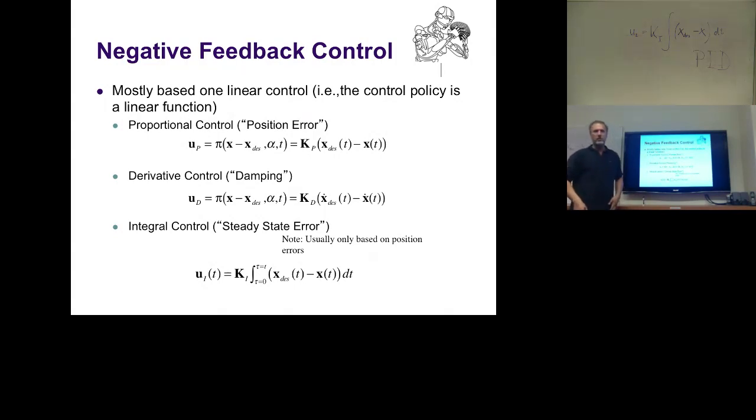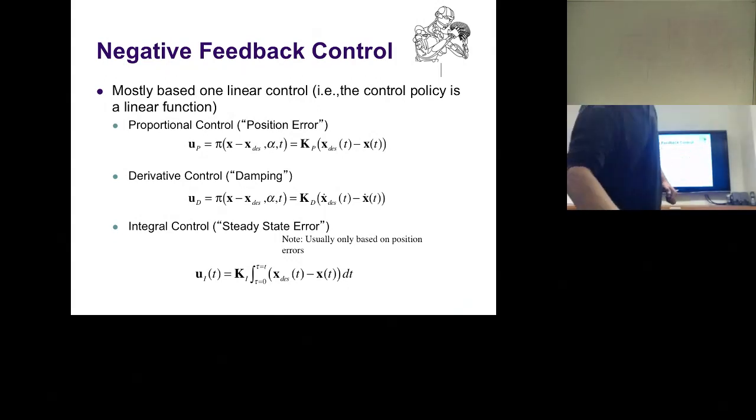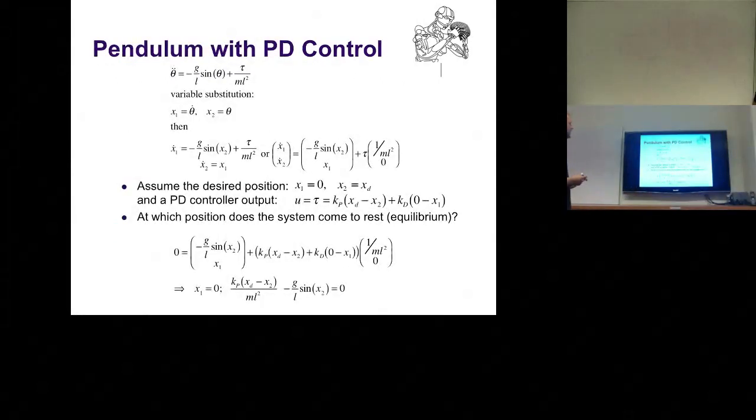All right, so what I want to do now is make this a little bit more transparent by running this example through our pendulum equation, which we just derived. So, the pendulum with PD control. Again, you get the entire slide, you can look at it.